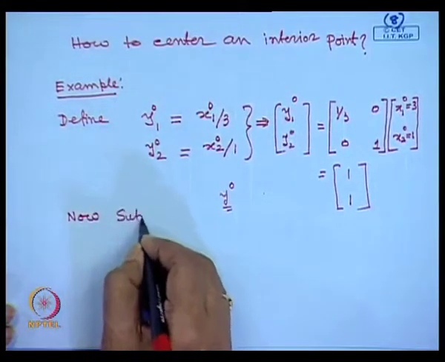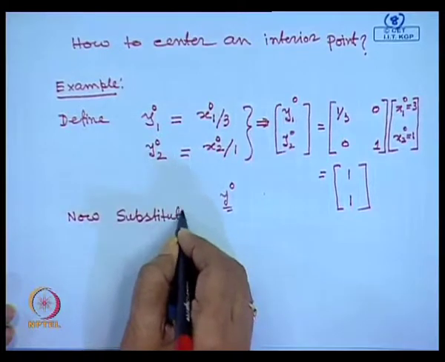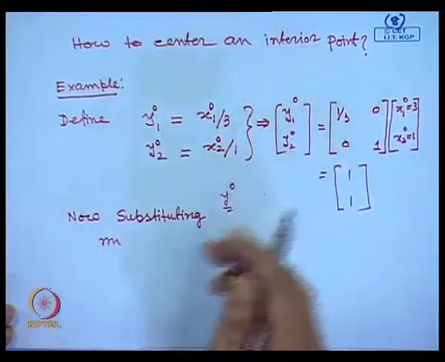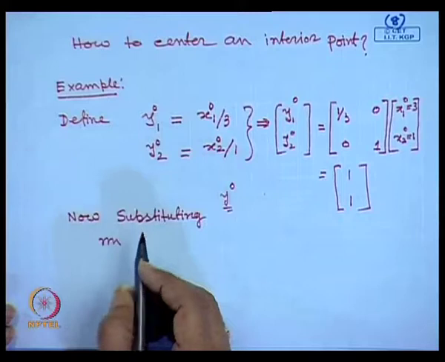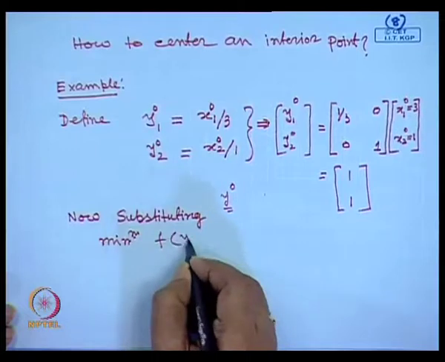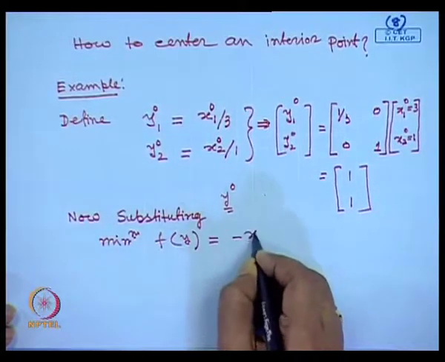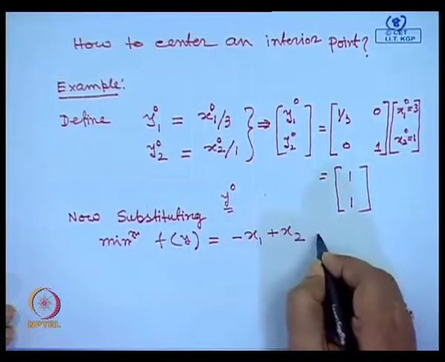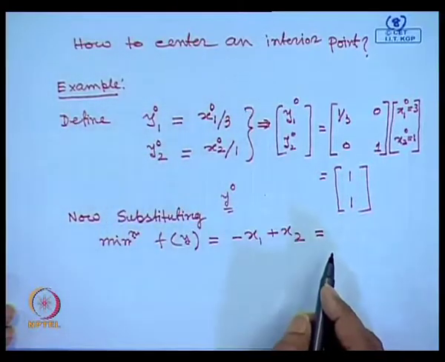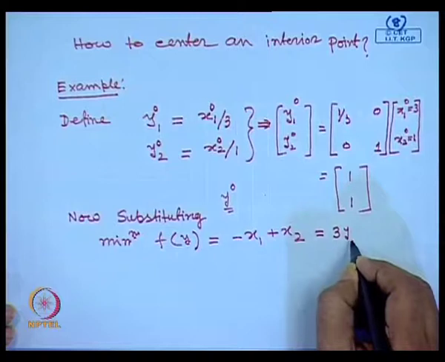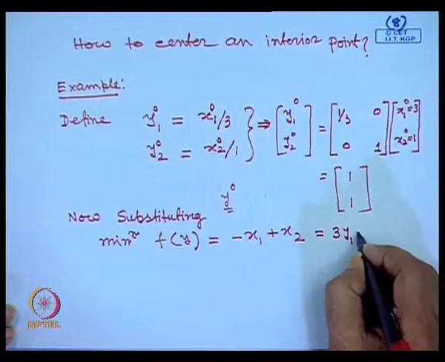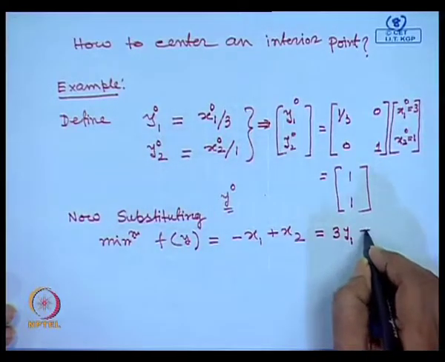Now, substituting the values of x and x 0 in terms of y and y 0, minimize the function, which will be in terms of y, f equals minus x 1 plus x 2. x 1 is 3 y 1, and x 2 is y 2.